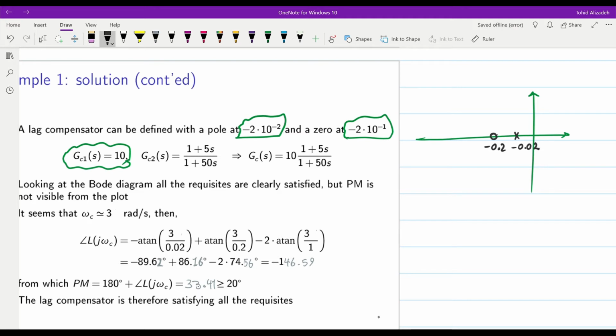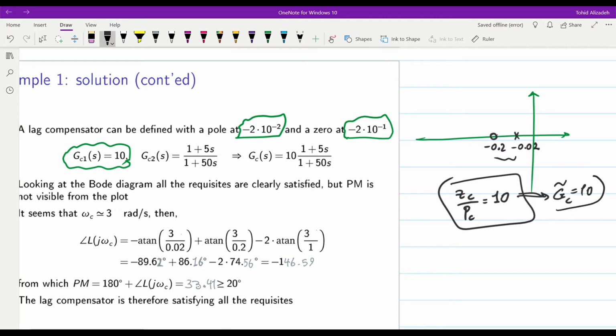You might wonder why these values are chosen. First of all, we have the relation between these two. ZC over PC is equal to 10, 0.2 over 0.02. And this is equal to the generalized gain, GC tilde, which is also equal to 10.